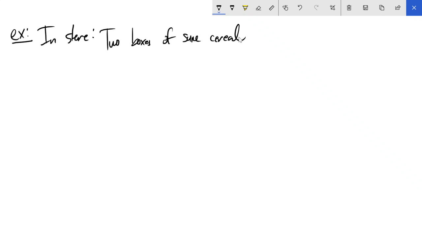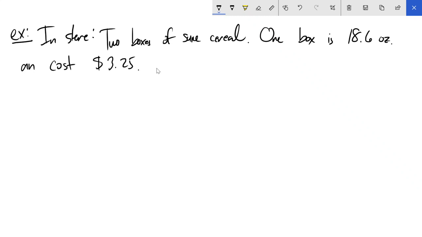So let's say there's 2 different boxes of the same cereal, and let's say that one box is 18.6 ounces, and it costs, let's say, $3.25. Okay, and then let's say the other box is 24 ounces, and it costs, I'm trying to think how much I want it to cost.